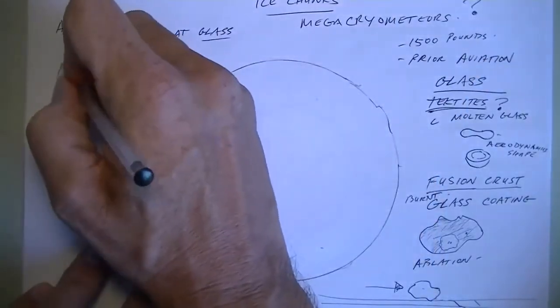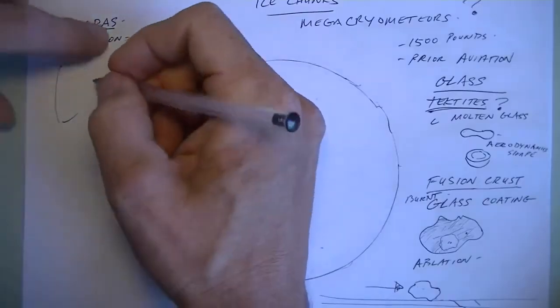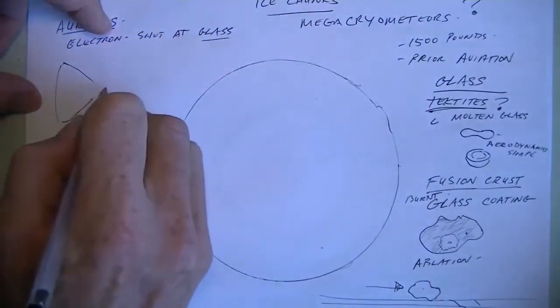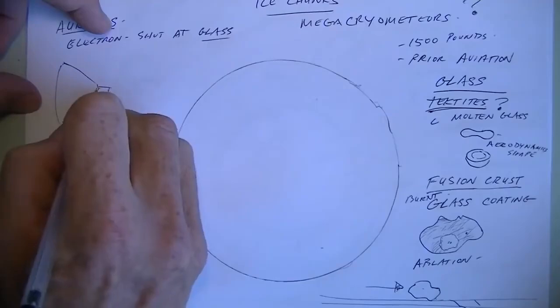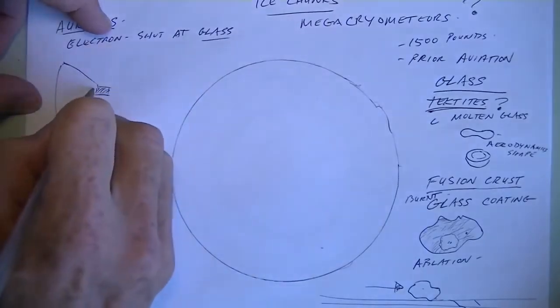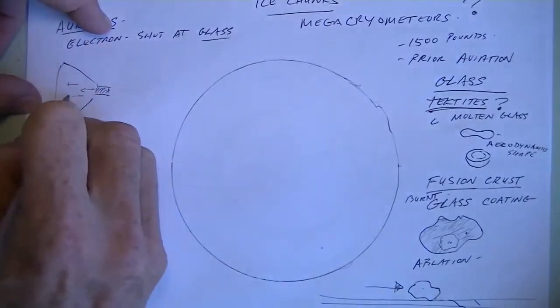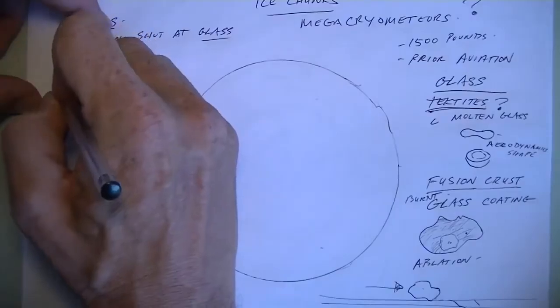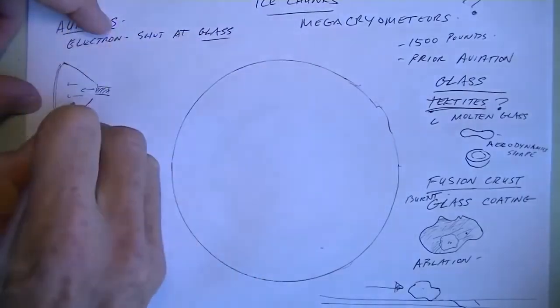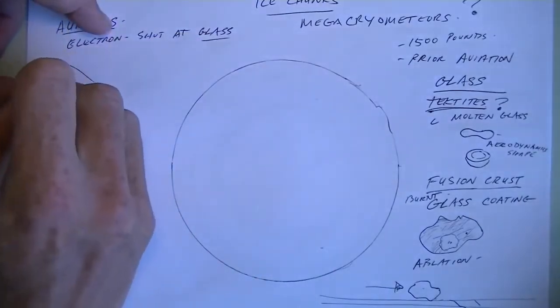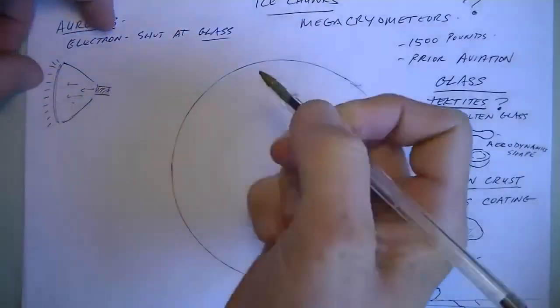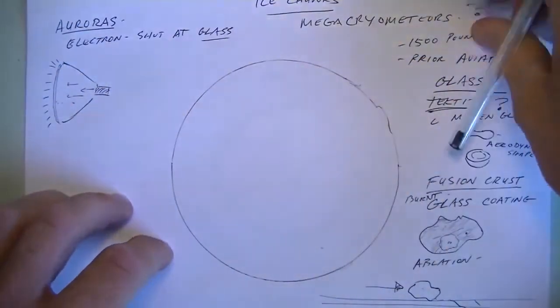Scientists will compare the auroras to an old CRT TV tube, basically, with the electron gun in the back here, okay? And the electron gun is shooting these electrons. And there's phosphorus coated onto this glass here. When the electrons hit the glass, it causes the glow. That's really what's happening here, basically.